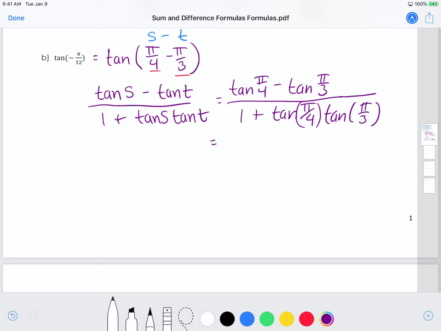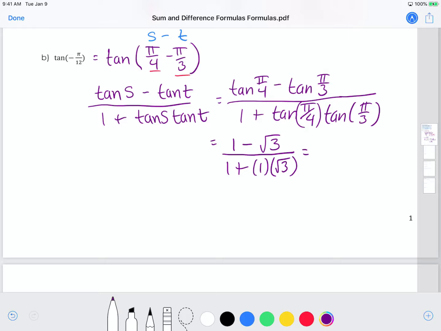Now we know what tangent of pi over 4 is. That's the value of y over x at the angle pi over 4 radians. So that would be 1 minus tangent of pi over 3, which is the square root of 3, all over 1 plus tangent of pi over 4, which we said is 1, and tangent of pi over 3, when I multiply those, that gives me the square root of 3.